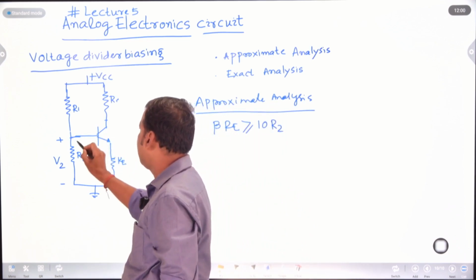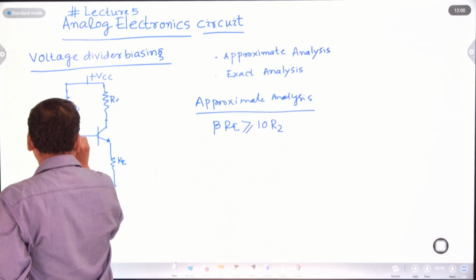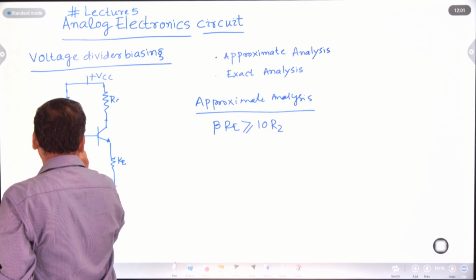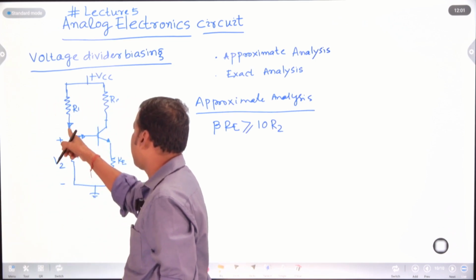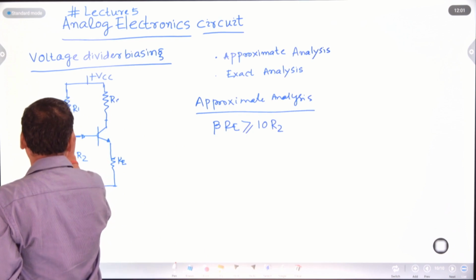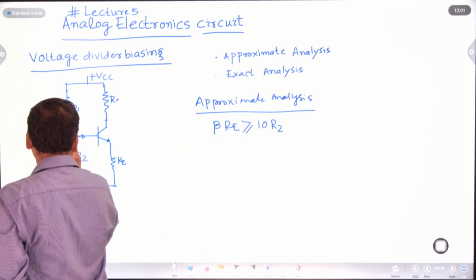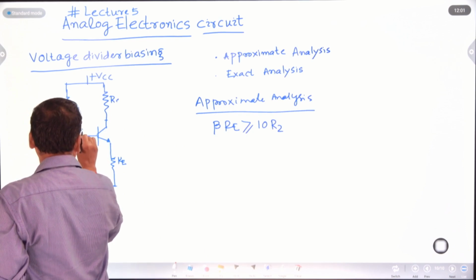Let this current be I1, this current I2, and this current IB.